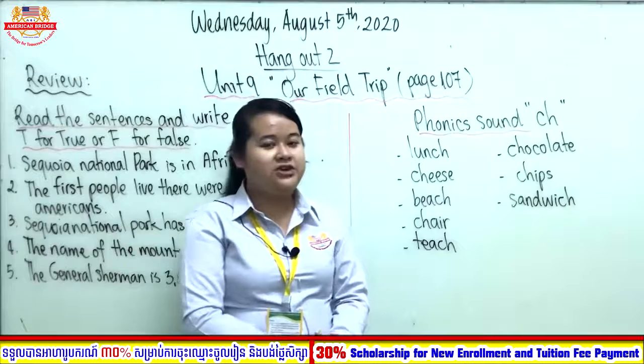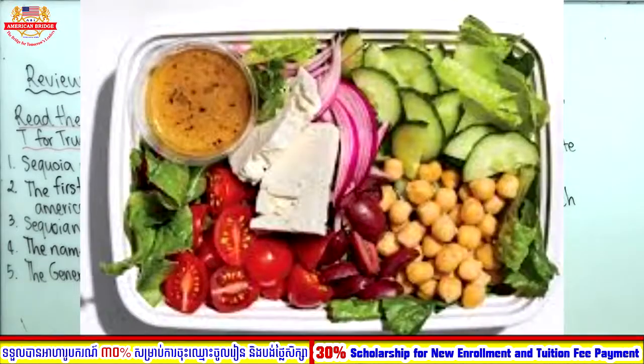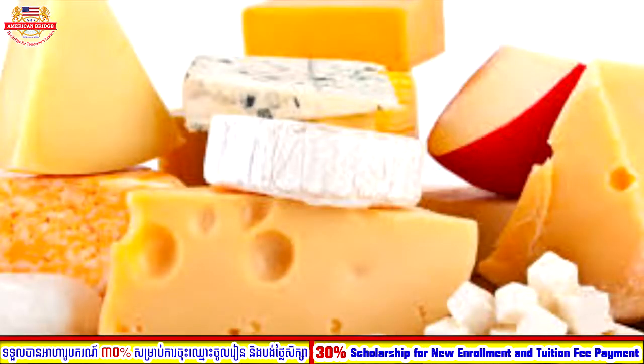Now let me show you the pictures. This picture is lunch. Lunch is the food that you eat in the afternoon. Next is cheese. We always put cheese on pizza or hamburger or sandwich, and you always eat it when we go to eat fast food.